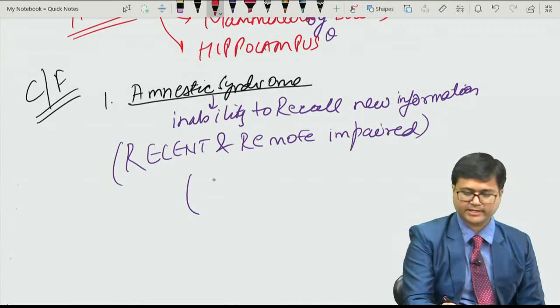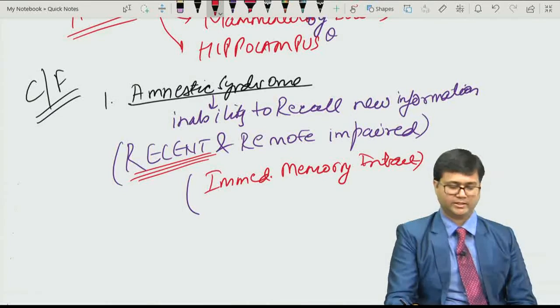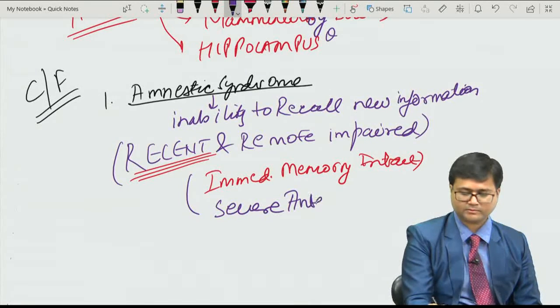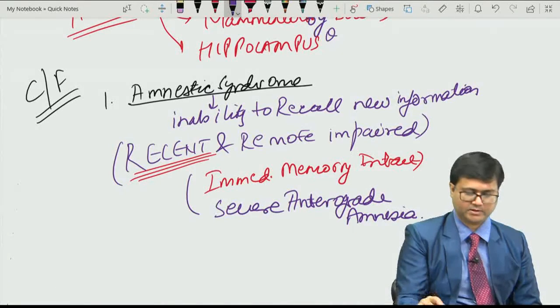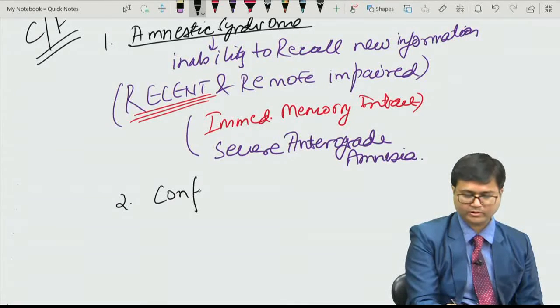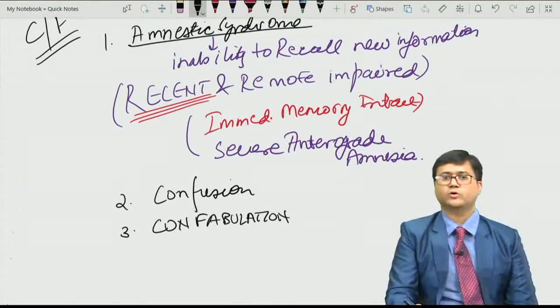Important to remember is that the immediate memory is intact. It is especially the recent most affected. So it leads to severe anterograde amnesia. Now, other important findings may be that confusion may be seen, and again important, confabulation may again be seen in Korsakoff syndrome.